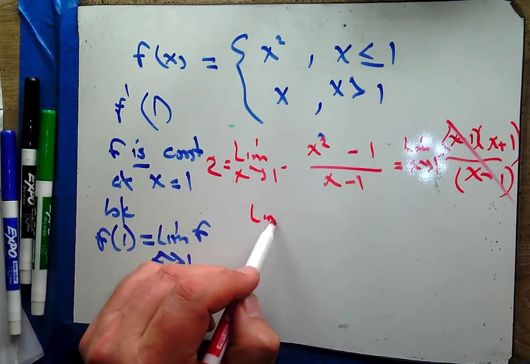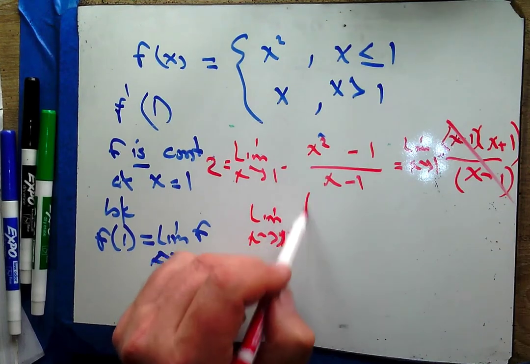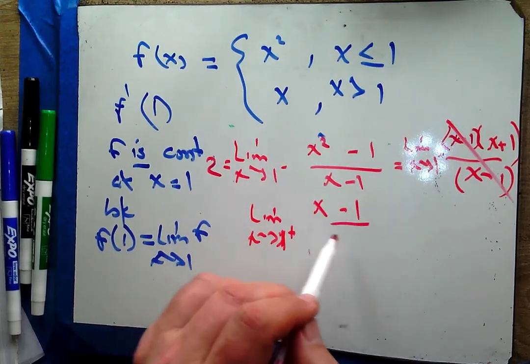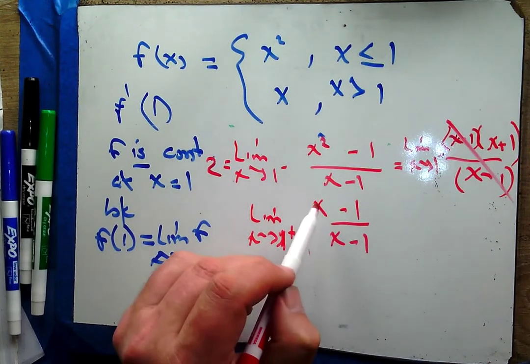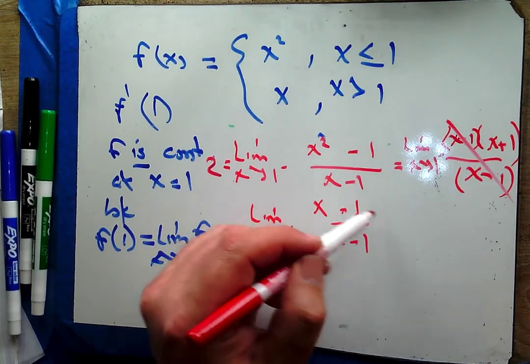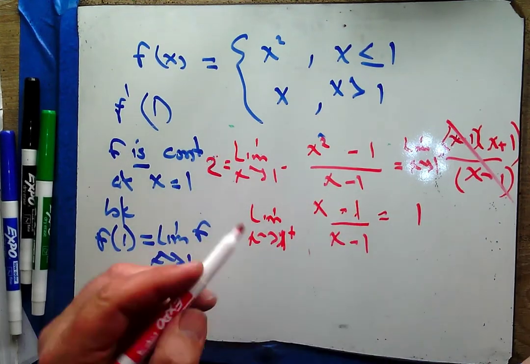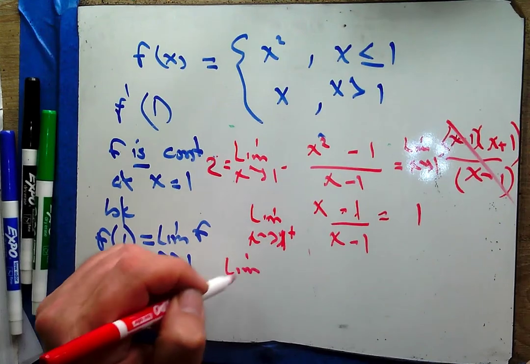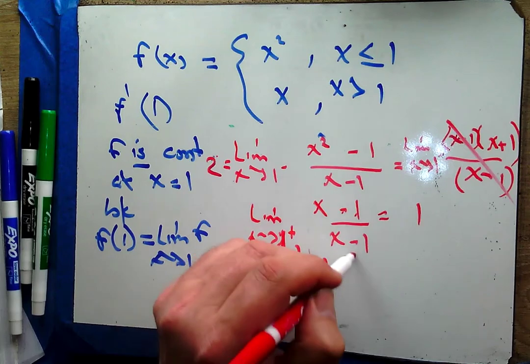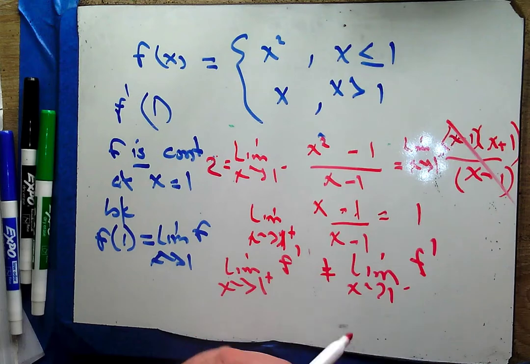but what about the slope on the right side? What can we say about the limit as x approaches 1 from the positive side? Of, what do we want that limit of? We want x minus 1 over x minus 1. I'm doing f of x minus f of 1 over x minus 1. And that turns out to be 1. These aren't equal. And since they're not equal, the limit as x approaches 1 from the positive side of f prime does not equal the limit as x approaches 1 from the negative side of f prime.